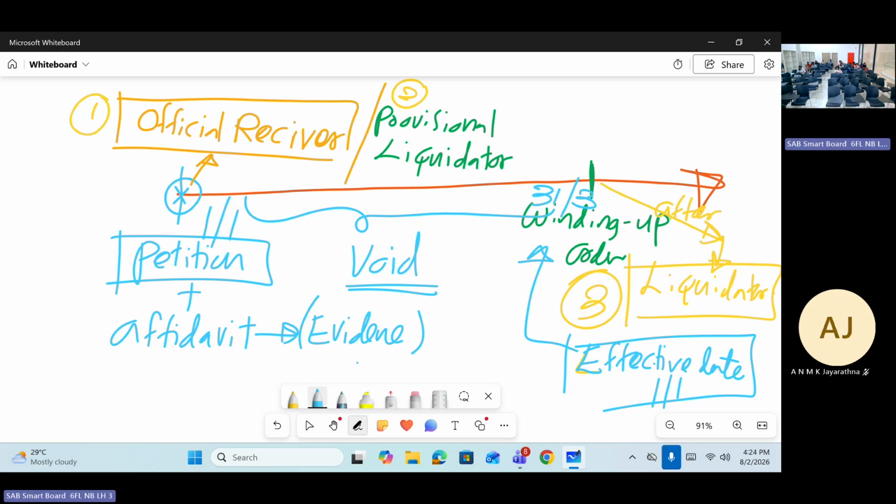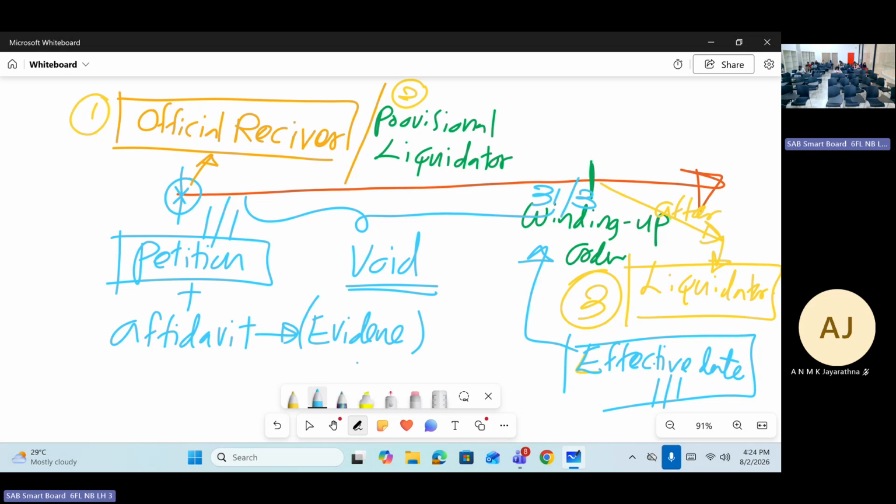Otherwise, once the petition is filed, before the creditors can liquidate the company, the company could transfer its assets to another person. After the winding up order, nothing would be left to pay the amount. Under the winding up order, we collect the assets, realize them, and settle the creditors.